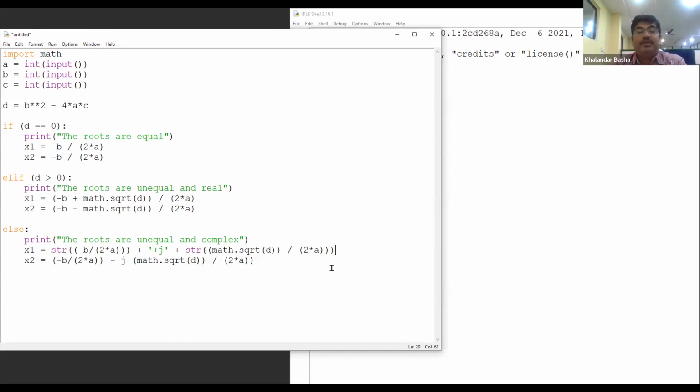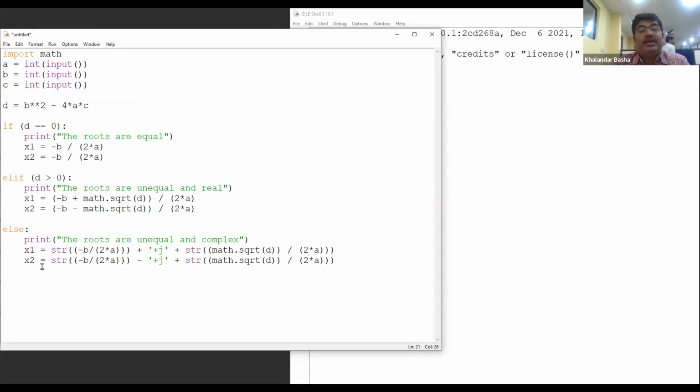Why I'm converting into string is that for including this j as the imaginary portion, if you write plus j, it won't read. So this I'll put for x1, and x2 is equivalent to the same thing, but instead of plus, you'll get the minus sign.